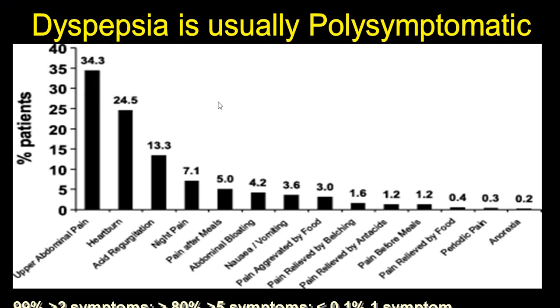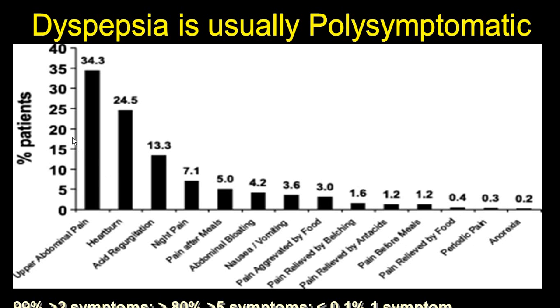Dyspepsia is polysymptomatic, of which upper abdominal pain is present in almost 35%, heartburn in almost 25%, acid regurgitation, that is reflux, in 13%, night pains 7%, pain after meals, that is postprandial, 5%, abdominal bloating 4.2%, then nausea, vomiting, pain aggravated by food, pain relieved by belching, pain relieved by antacids, pain before meals, pain relieved by food, periodic pain, anorexia, all those symptoms.